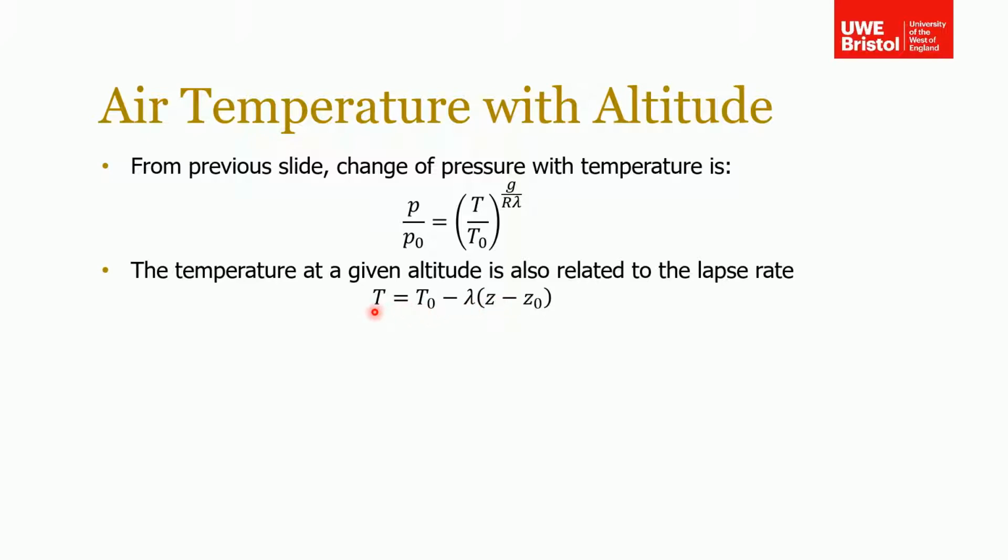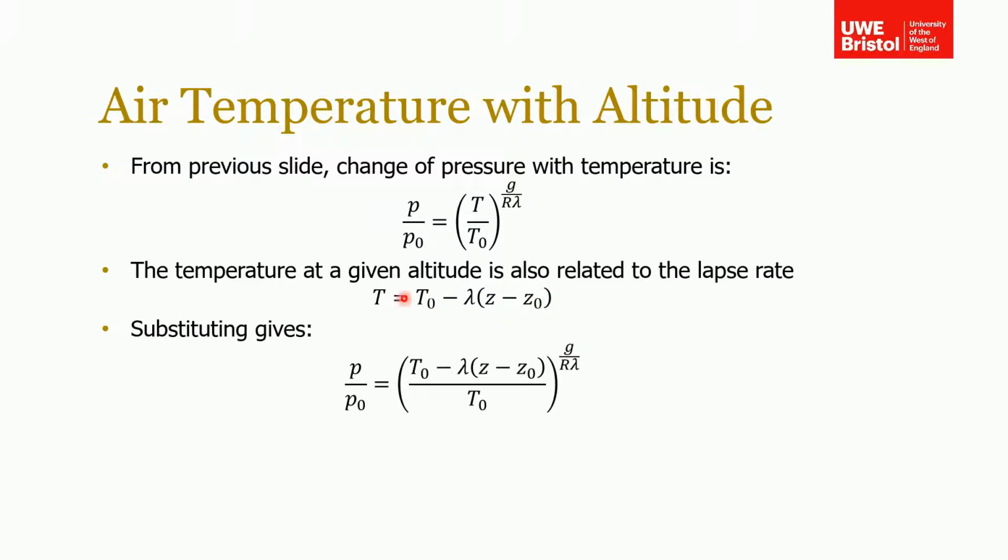So the temperature at a given altitude would be equal to the temperature at the bottom of the layer minus the lapse rate times the change in altitude between the altitude that you're interested in and the altitude at the bottom of the layer. So substituting T into this equation gives you this. So this is our final equation for a scenario where you don't know what the temperature is, but you know the altitude and the lapse rate.